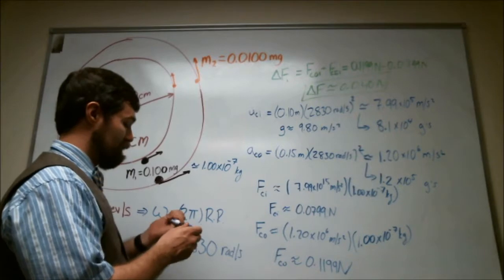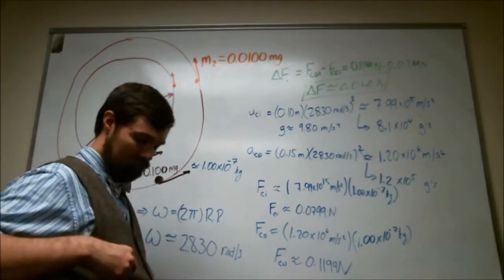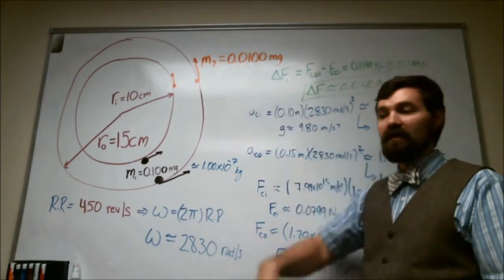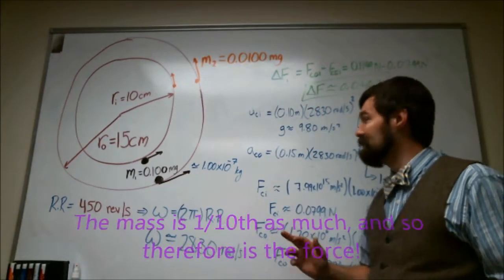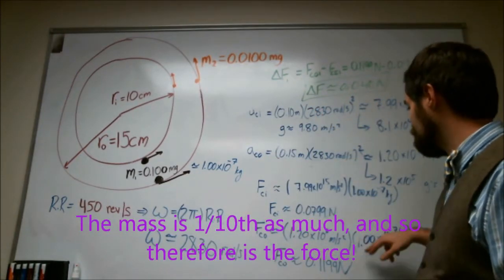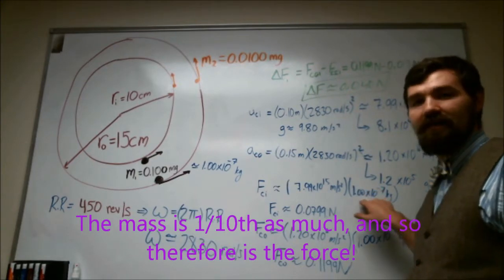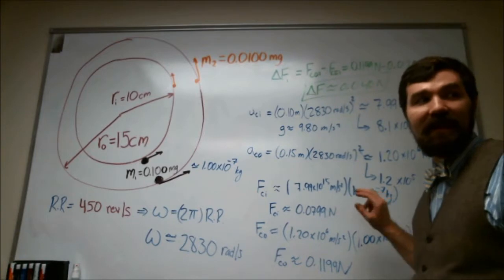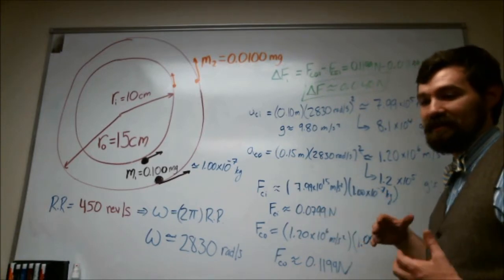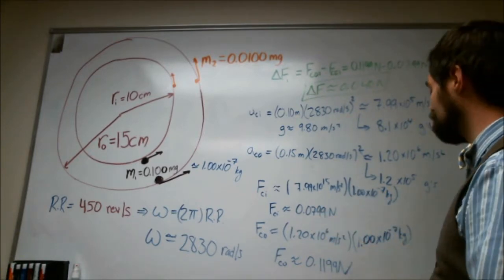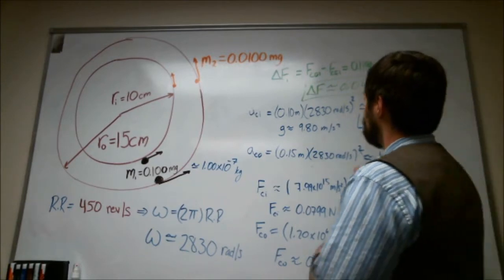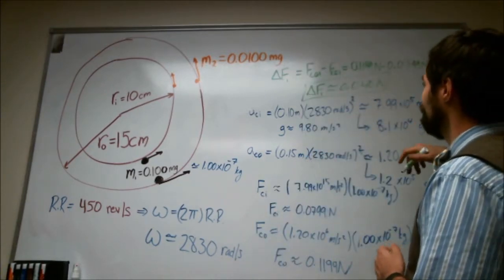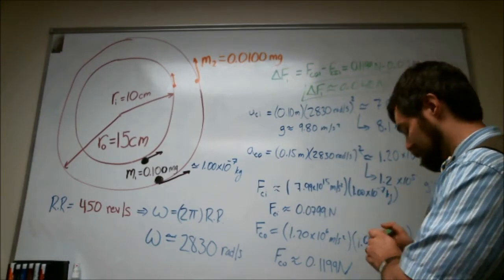So if we wanted to know for the smaller object, the one that's only 0.01 milligrams, all the process is the same, and in fact, all the numbers are the same. We just replace these masses by 1 times 10 to the minus 8 kilograms instead of 10 to the minus 7 kilograms. And so for object 1, it was 0.04 newtons.